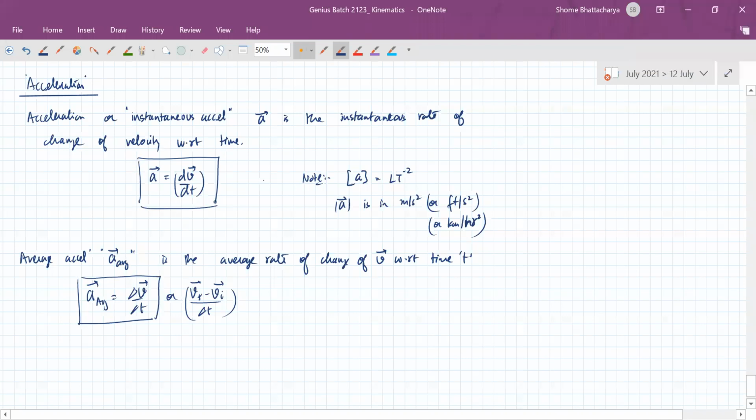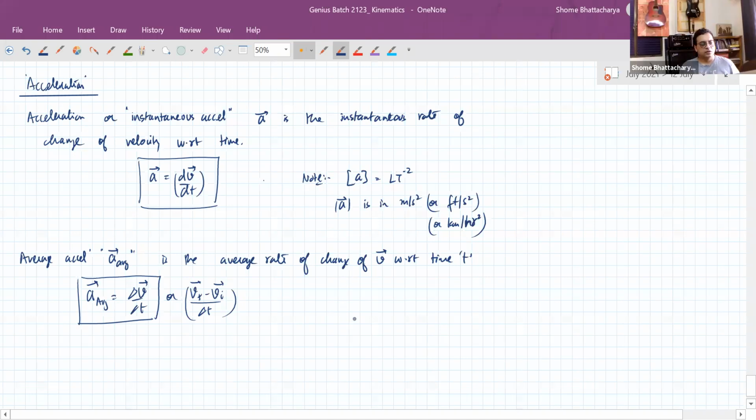So acceleration also is double differentiation of displacement, right? That's another thing you can understand: instantaneous acceleration being dv by dt and v being dr by dt, we can also say that a is the second derivative of position or displacement with respect to time.